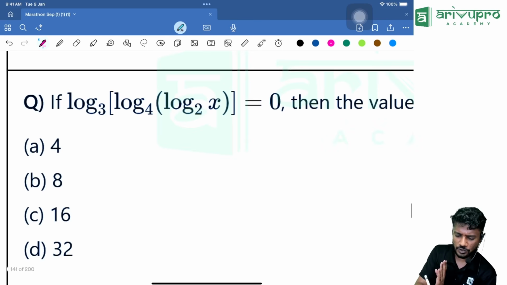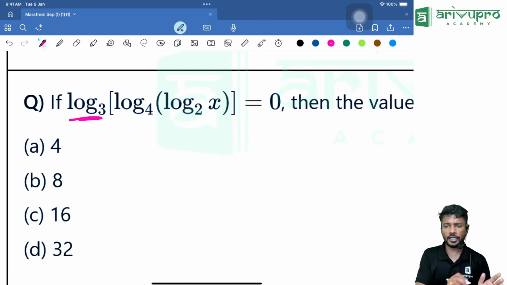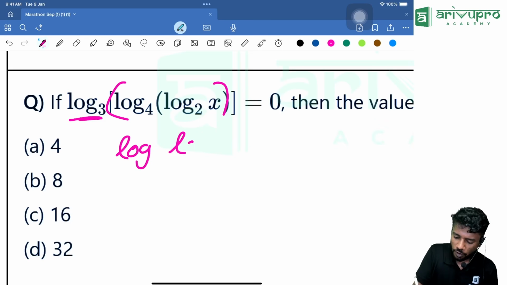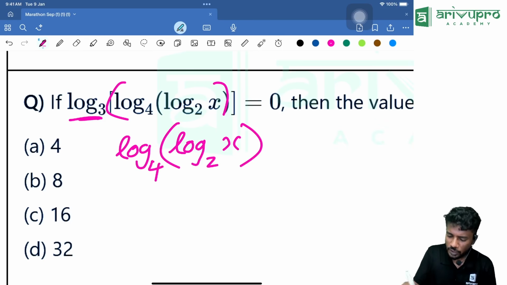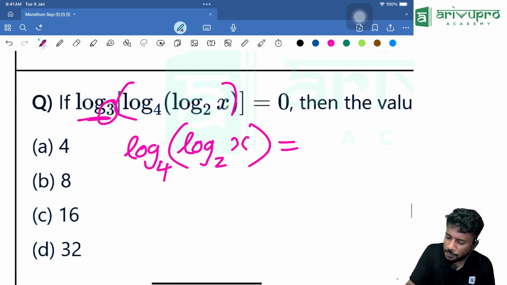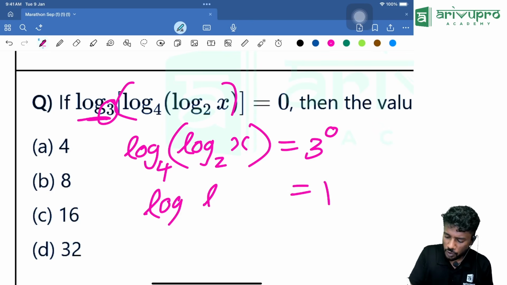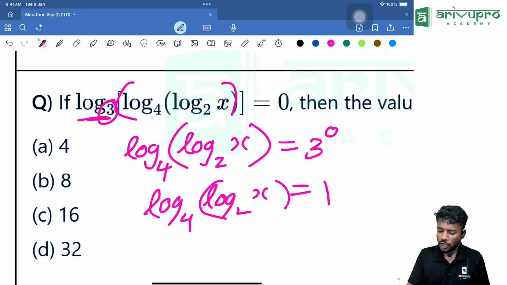Check this. So, log 3 is the main logarithm over here. So, we are finding the value inside. That means log of log x to the base 2, the entire thing to the base 4, is equal to what? 3 power 0. Am I right? That is equal to 1.